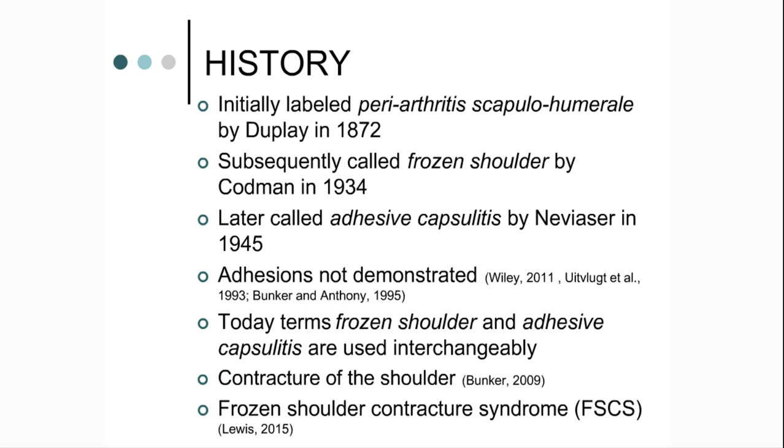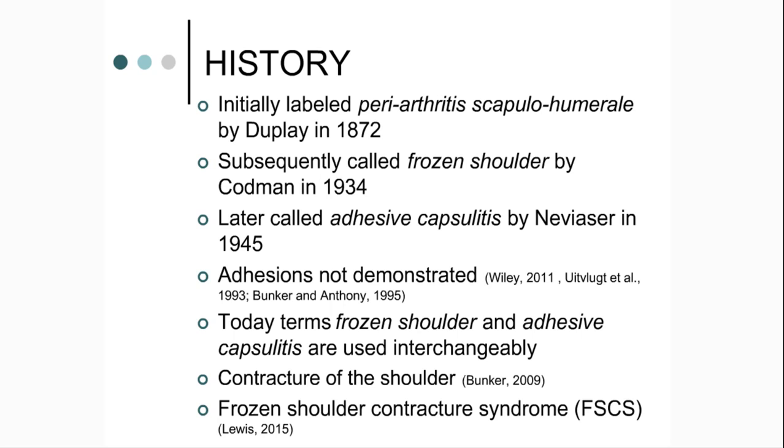Later on, in 1945, Neviaser decided to call it adhesive capsulitis, and that was as a result of the fact that when he had operated on a number of patients, he observed that the capsule peeled off the head of the humerus like a sticking plaster, so he decided to call it adhesive capsulitis. Subsequently, adhesions haven't been demonstrated, and today the terms frozen shoulder and adhesive capsulitis are used interchangeably.